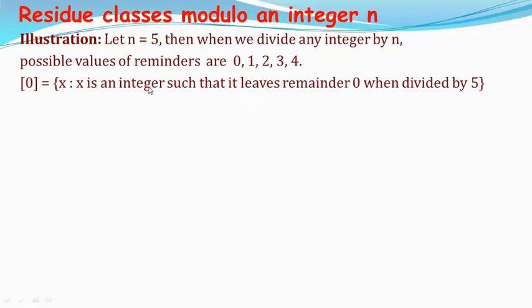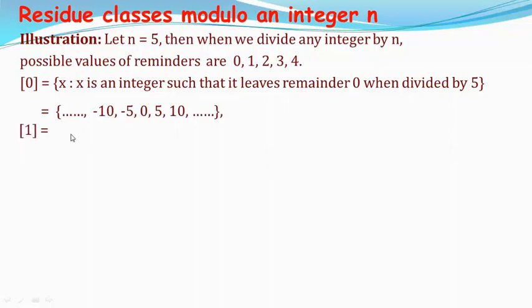So which are the integers which leave remainder 0 when divided by 5? All integers which are divisible by 5 belong to this residue class. So this is equal to the set containing minus 10, minus 5, 0, 5, 10 and so on. So this is the residue class of 0.